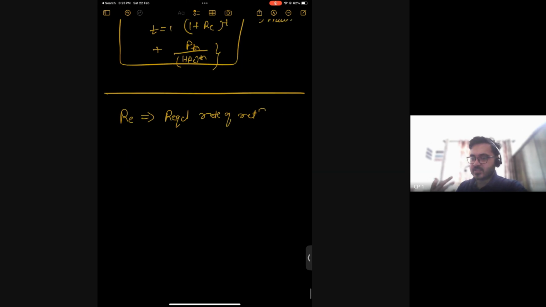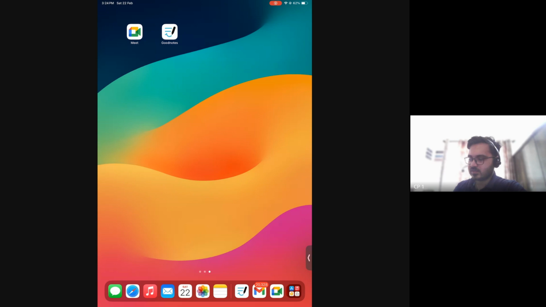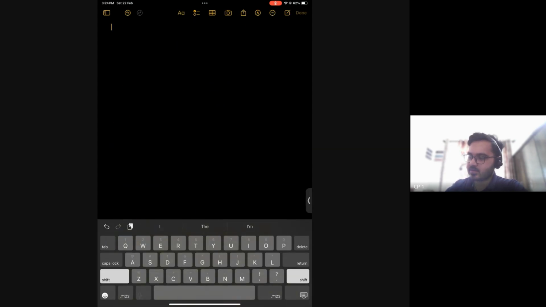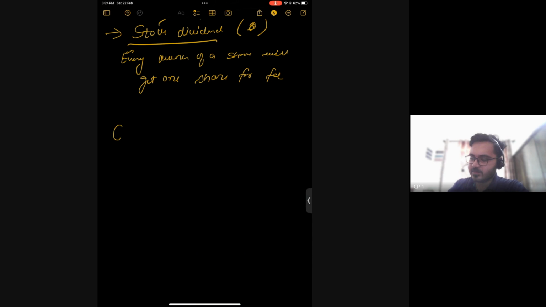When you are an analyst, you'll have to calculate this required rate of return as well. The best model that is usually universally accepted is called, sorry, not CAMP, it's called CAPM. This is also known as the capital asset pricing model.